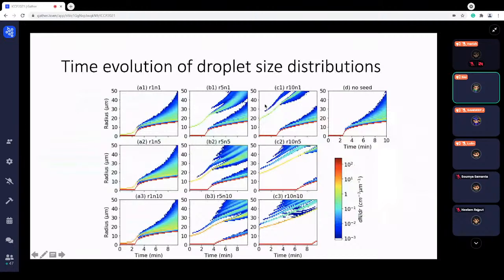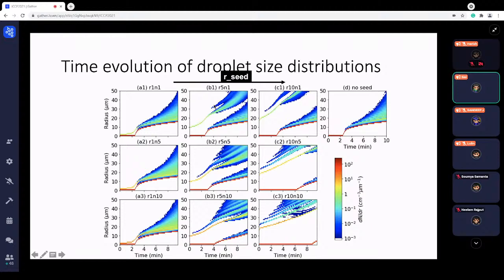So here is the droplet size distribution of the 10 cases. The color denotes the number concentration, and the vertical axis is the radius and the horizontal axis is time. The no-seed case is on the upper right corner for comparison. As we increase the seeding particle size, we can see mode separation between the background aerosol in the bottom branch and the seeding particle size distribution in the upper part.